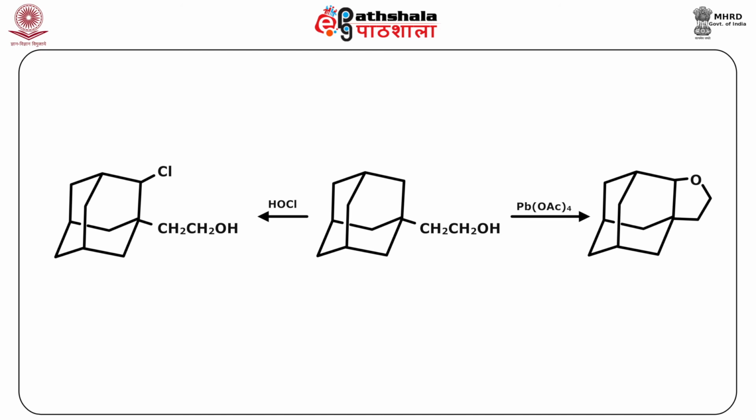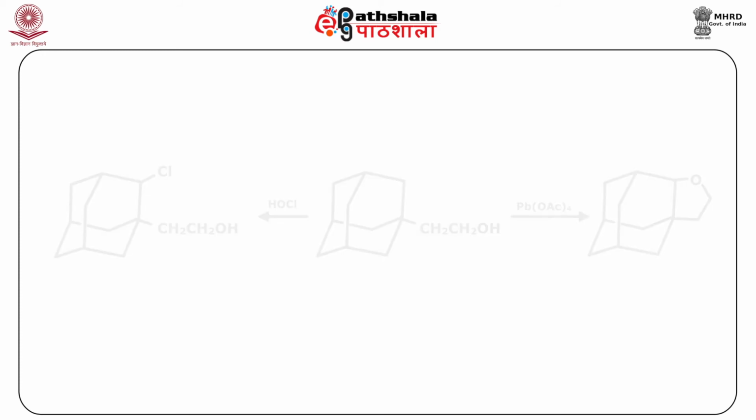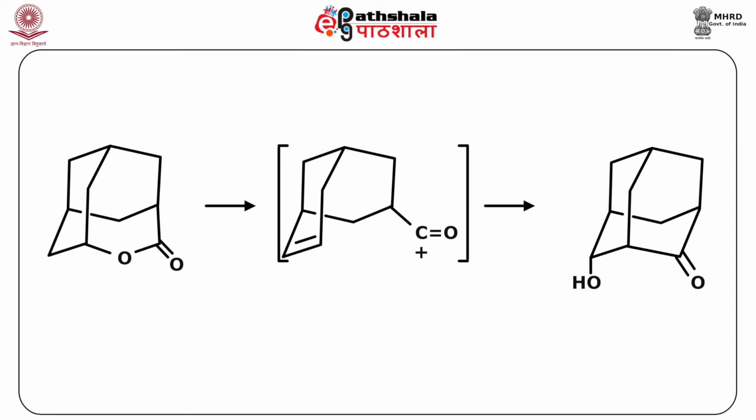Furthermore, the same type of internal cyclization occurred during the reaction of 2-(1-adamantyl)ethanol with lead tetraacetate or with HOCl to give 1,2-disubstituted adamantane. The 2,4-disubstituted adamantanes can be prepared by the ring closure reaction of bicyclic nonanes.